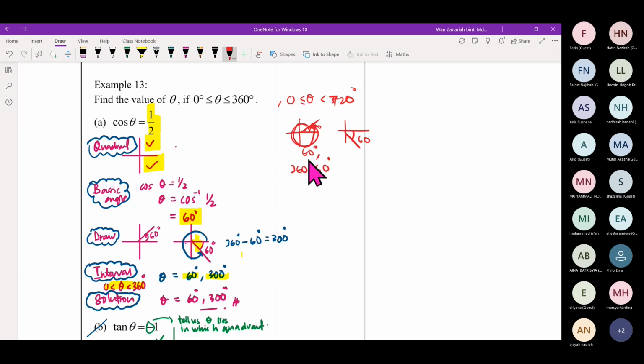Kalau 720, maksudnya suruh you pusing 2 kali. So one complete 360, tambah lagi yang sedia ada ini. So 300 tadi tambah dengan 360 itu if given the interval is like that.